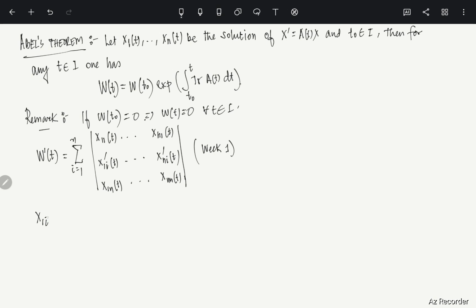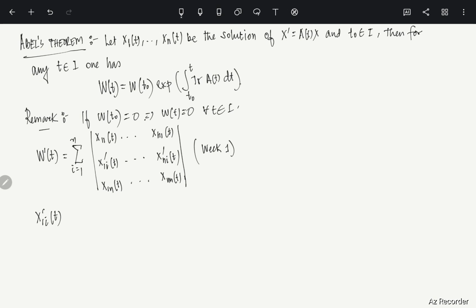Once you have this, see, x1, x2, ..., xn of t are the solutions of that equation.